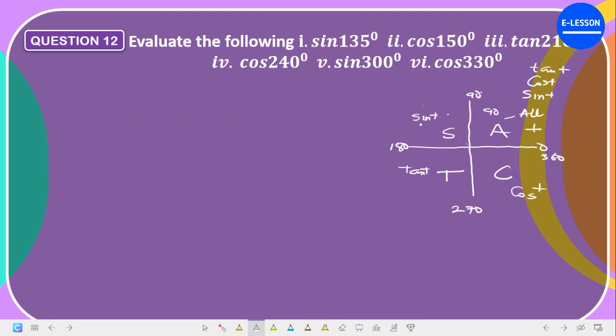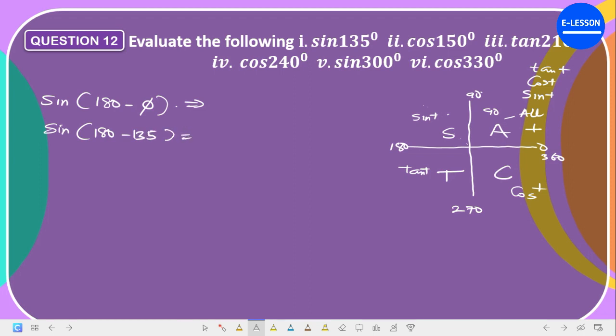The sine is positive there, so it will be sine of (180 minus phi), where phi is the angle in question. The angle in question is 135. So this gives us sine of 180 minus 135.